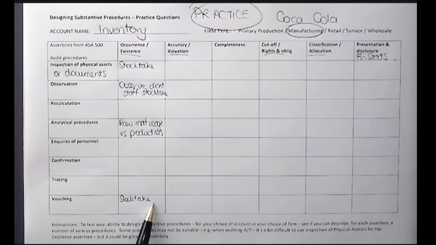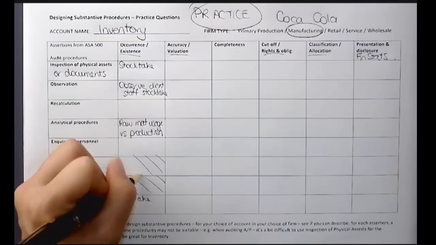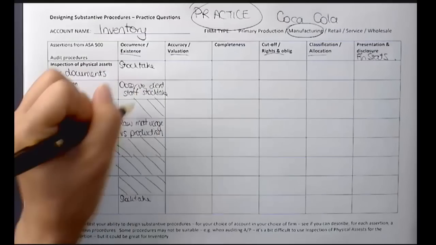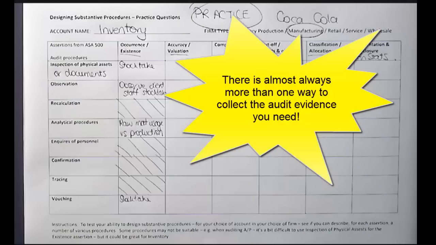So these other ones we don't use. So as you can see here, there are a couple of different options on how we might gather evidence on existence. So let's look at valuation.